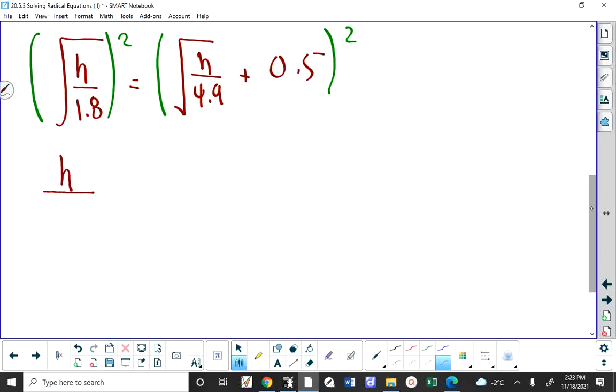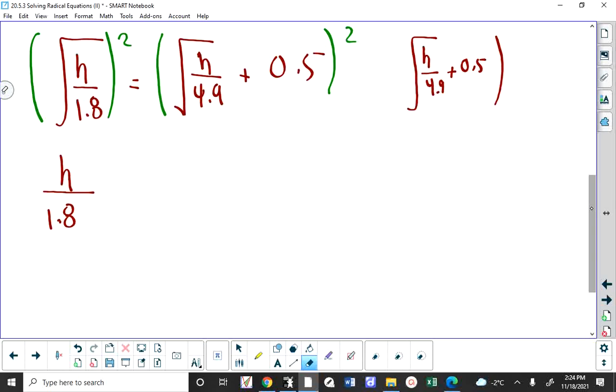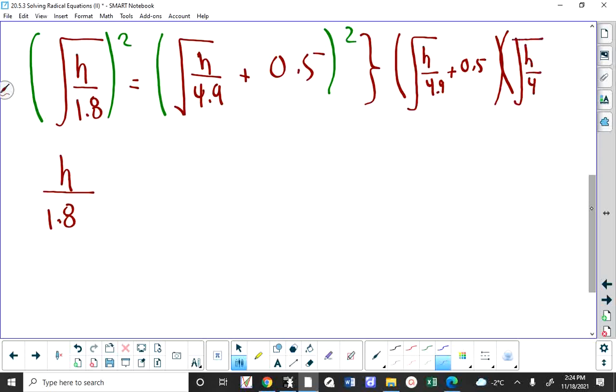So when I square both sides, what I end up with is, on the left-hand side, h over 1.8. But on the right-hand side, let me write down what this right-hand side is actually equal to. It's equal to root h over 4.9 plus 0.5 multiplied by root h over 4.9 plus 0.5.